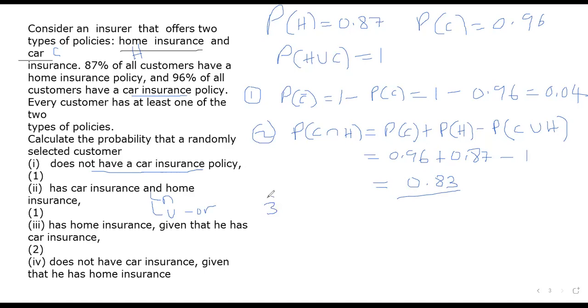Then question number 3. What is the probability that he has a home insurance given that he has a car insurance? So probability of H given C. Who can expand this for us?